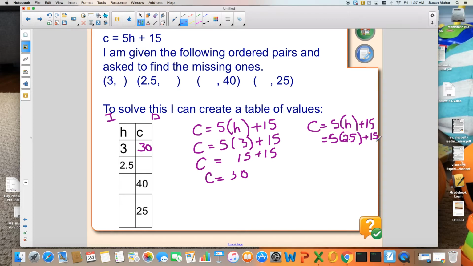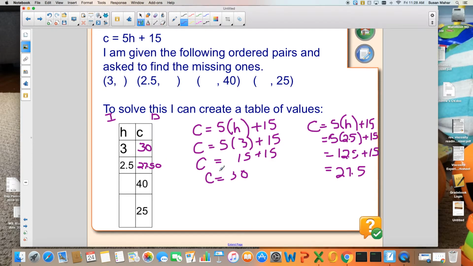But when you're doing the number of driveways, it would have to be a positive number. Okay, 5 times 2.5, I'm going to grab my calculator here. And 5 times 2.5 equals 12.5. And then I'm going to add that 15. And that's going to be 27.5. So a 2.5 hour driveway is going to cost somebody $27.50.